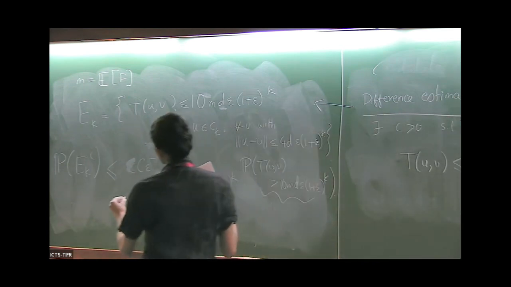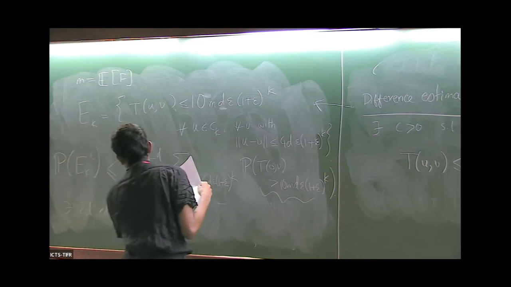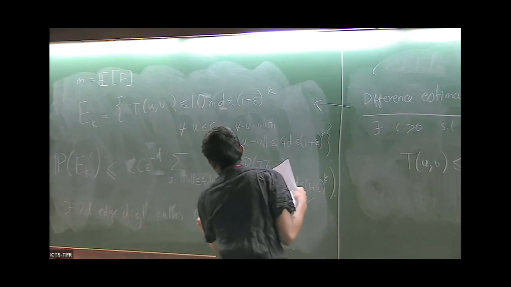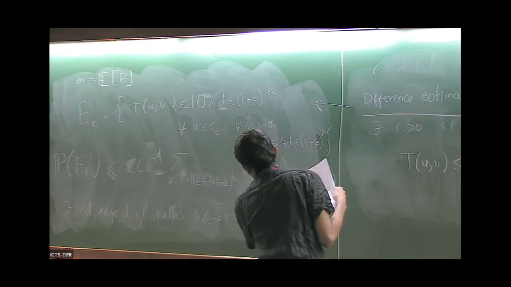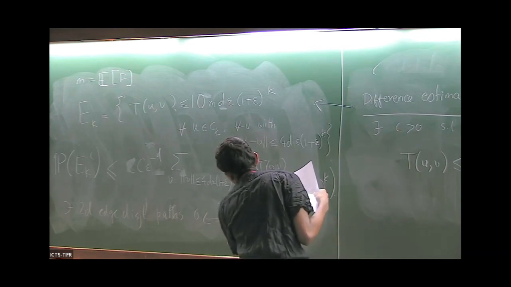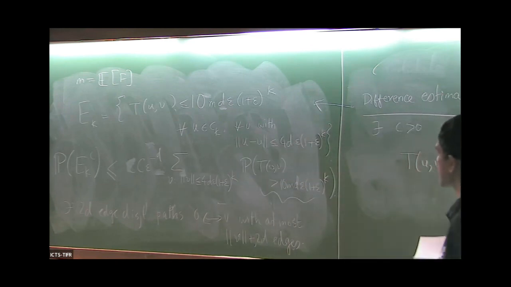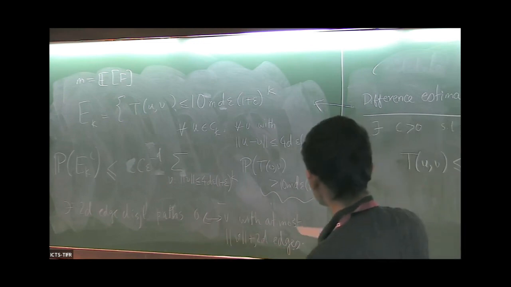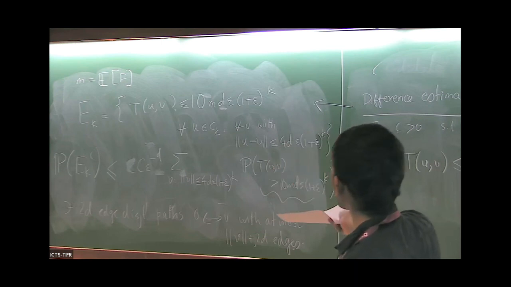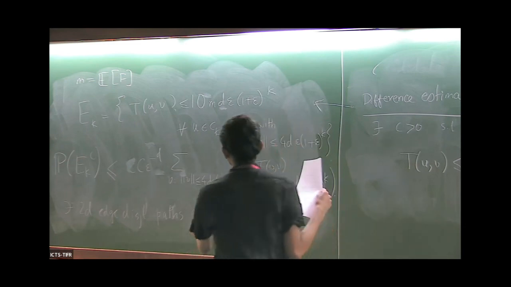You can see there exist 2d edge disjoint paths with at most, and it's easy to check, you can just draw the figure. You can choose such 2d many edge disjoint paths such that each of them has at most norm V plus 2d many edges. Let us call this N.